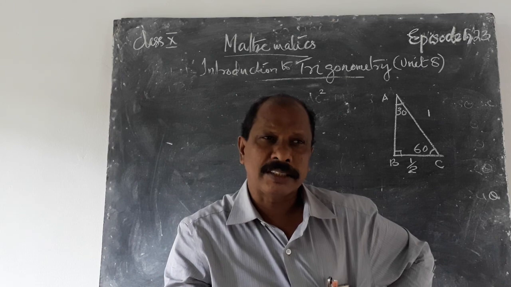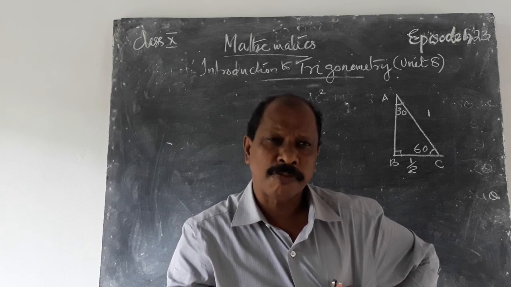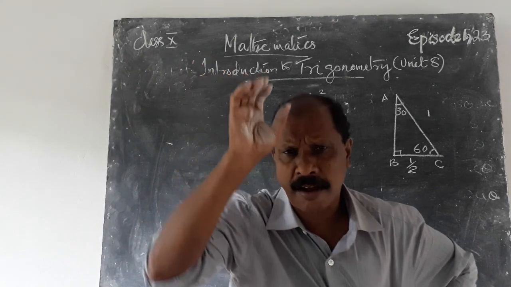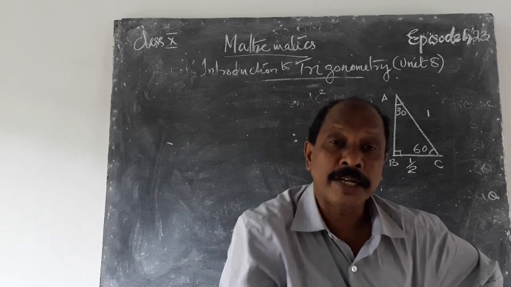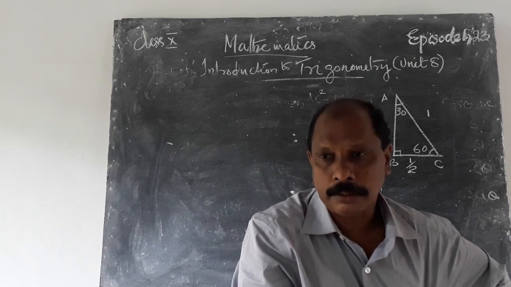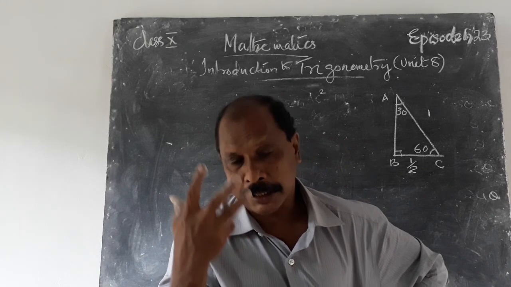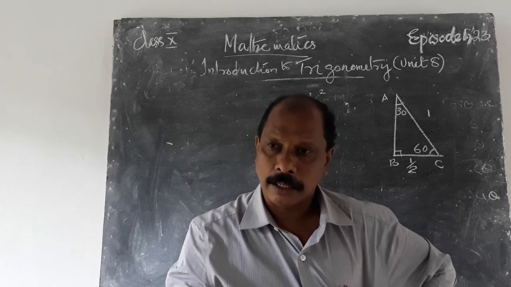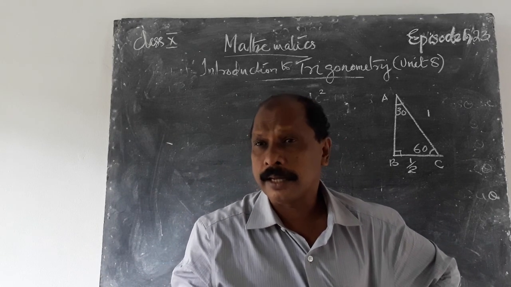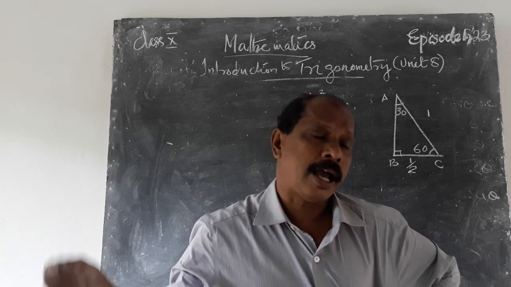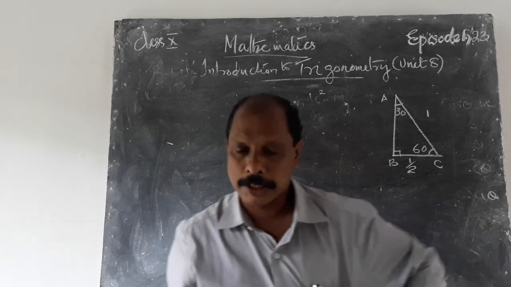The length of the shortest side is equal to half of the length of the hypotenuse. It is always true. That is a universal truth for that right angle triangle. That is the basic concept. In a right angle triangle, if any angle other than 90 is 30, the third angle is 60 because the sum is 90.